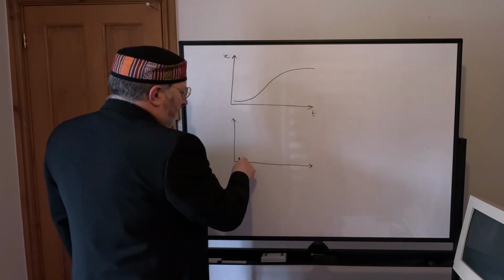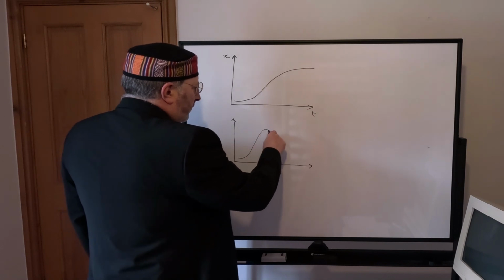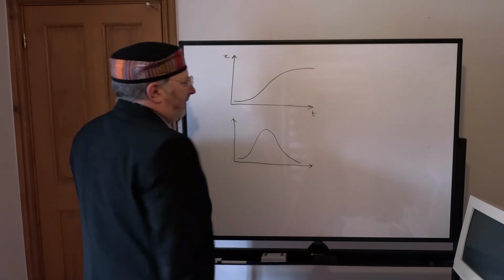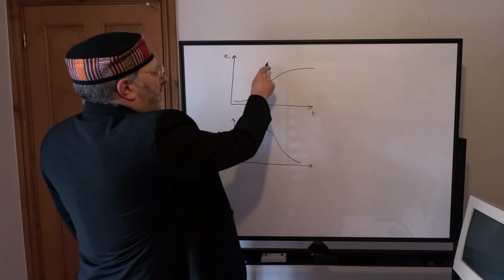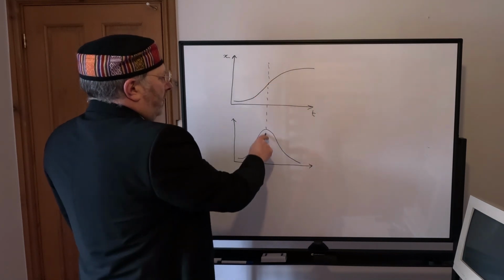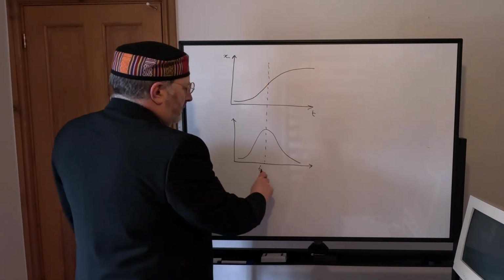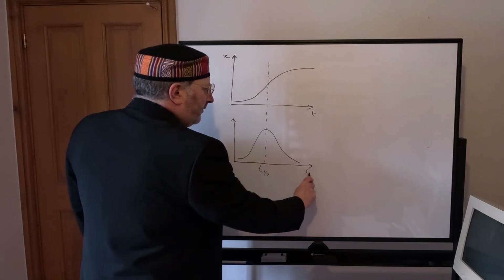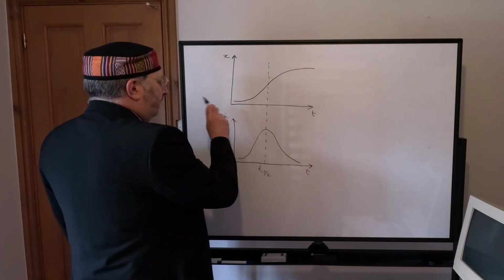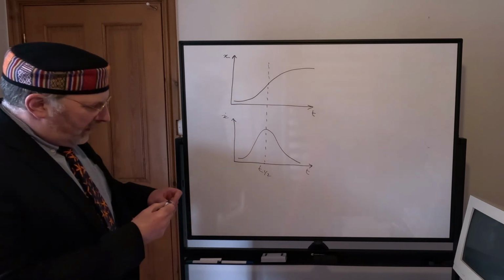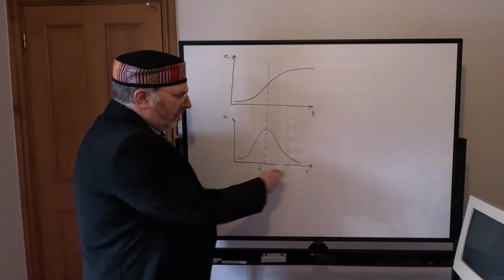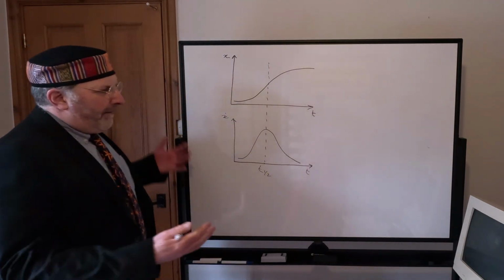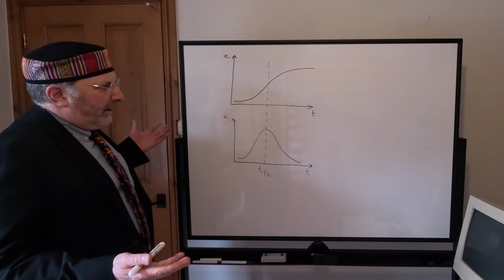So the derivative of this looks something like that. And that is t1 half. So that's t, x dot. And I said we've already seen this because we mentioned it in connection with the pandemic cases.